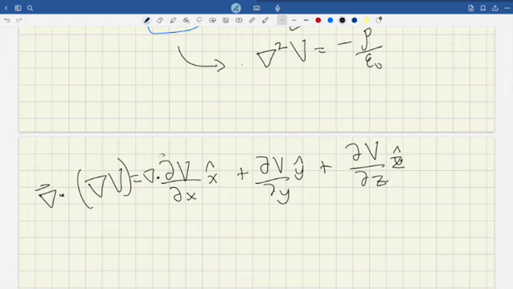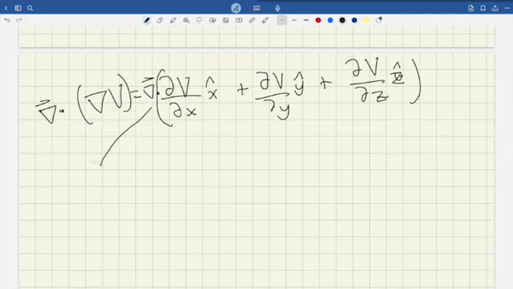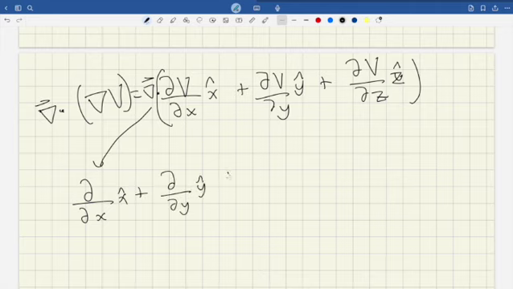This whole expression over here, we're going to do a dot product with the gradient vector, right? Well, what is the definition of nabla? Nabla is simply dx in the x hat direction plus dy in the y hat direction with partial derivatives plus dz in the z hat direction with partial derivatives.